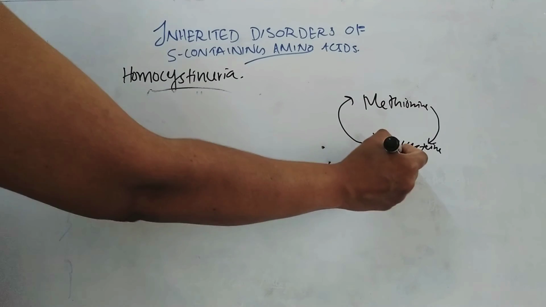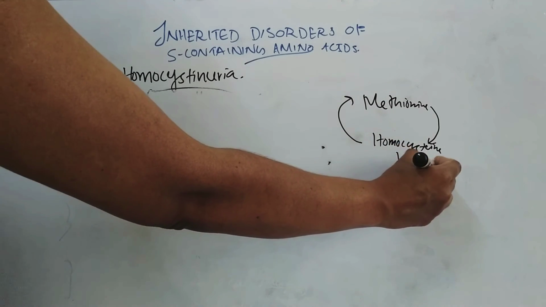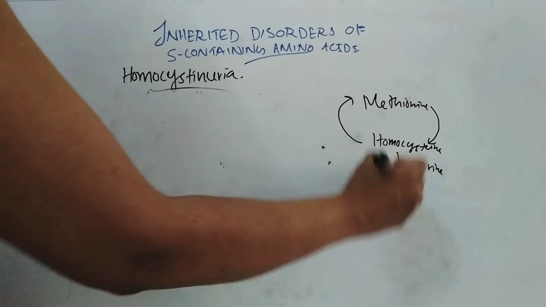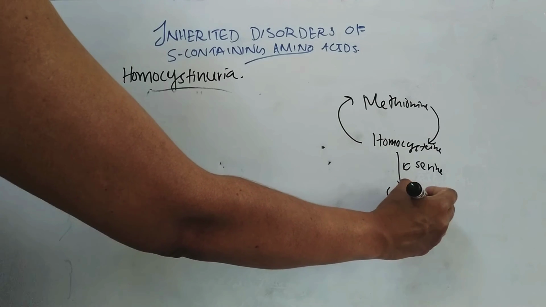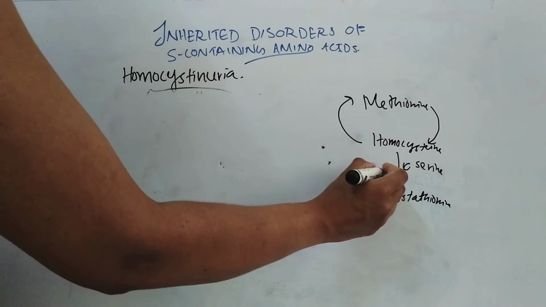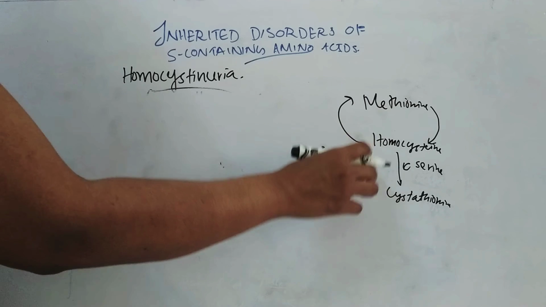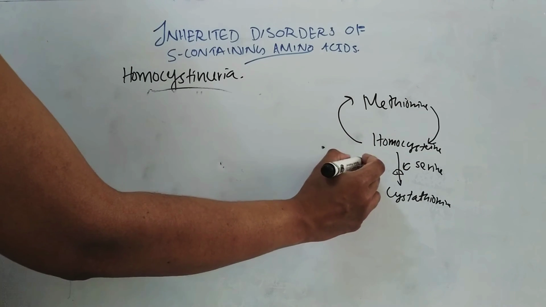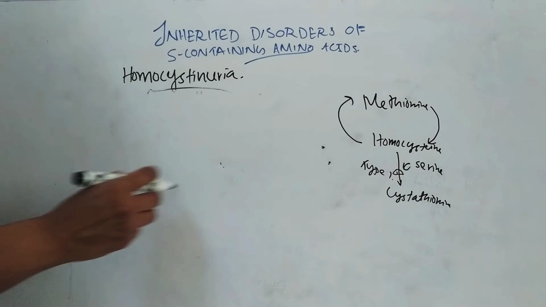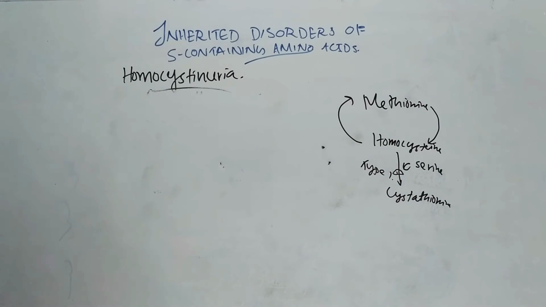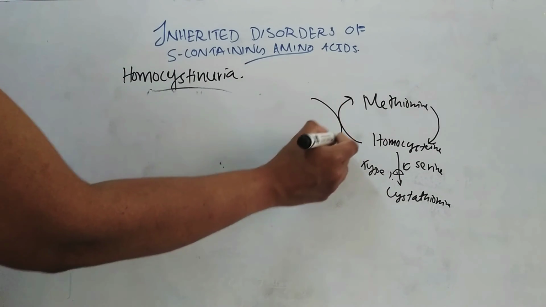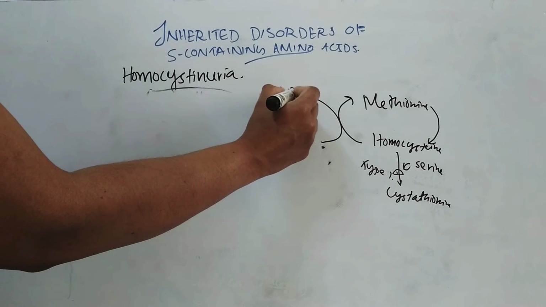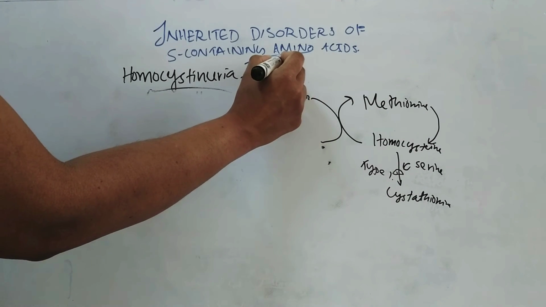This homocysteine then condenses with serine and it can form cystathionine. Here the enzyme is cystathionine synthase, and due to the genetic deficiency of cystathionine synthase, it is homocystinuria type 1.